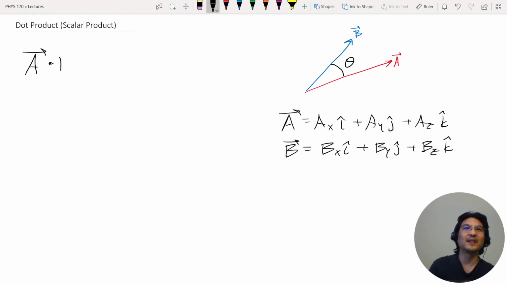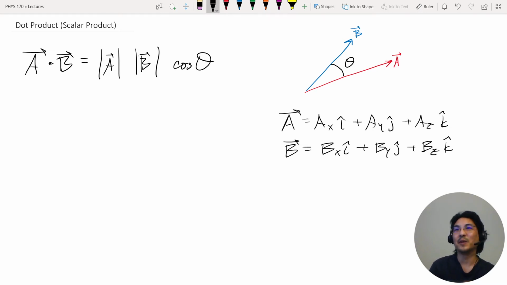A dot B: you take this magnitude times this magnitude times cosine of the angle between them. Technically, the smaller angle between the two vectors. Okay, so that's if you know the magnitudes and the angle between them.